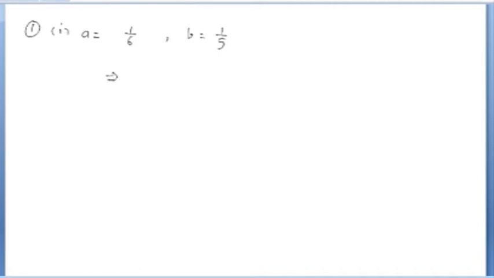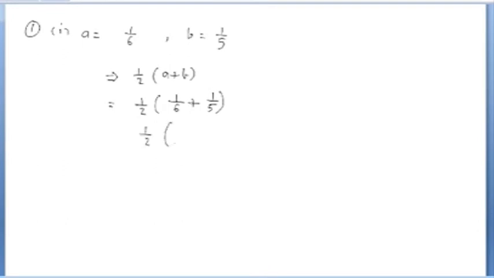The rational number will be 1 by 2 (a plus b), so 1 by 2 times (1 by 6 plus 1 by 5). Just solve this.